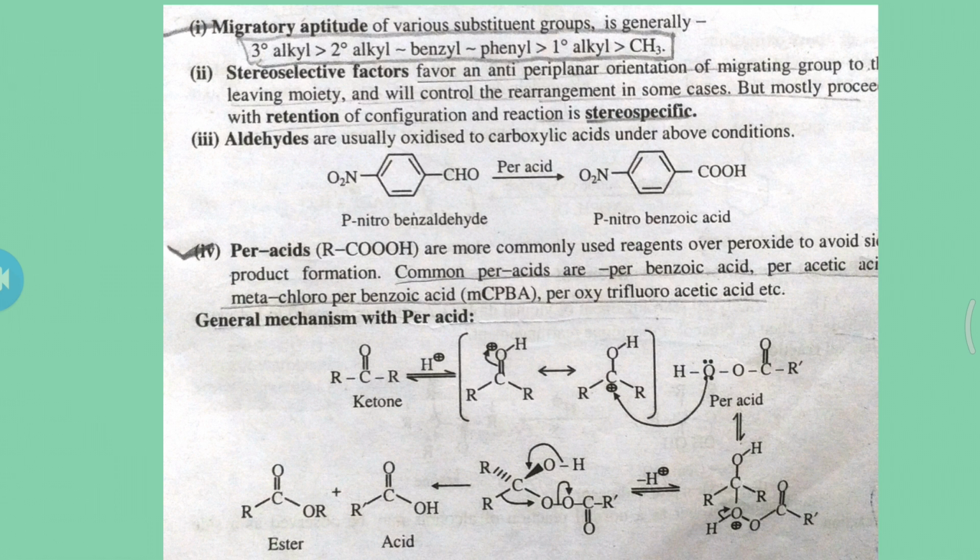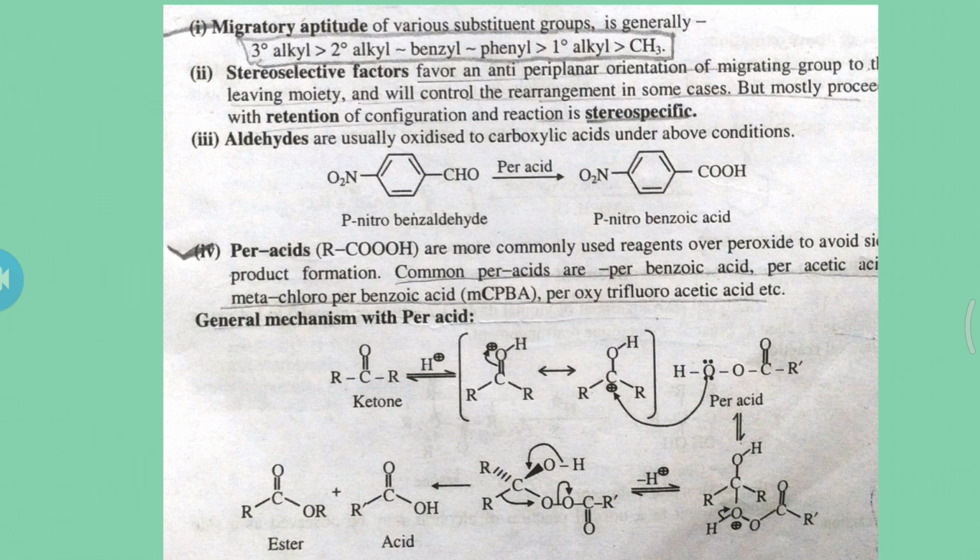So methyl migratory aptitude is lower as compared to the tertiary alkyl group. This migration depends on migratory aptitude, so this sequence is most important. Migratory aptitude is very important in the Baeyer-Villiger reaction.